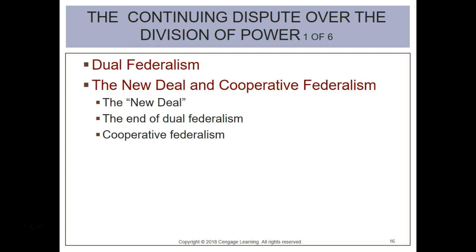That period started what is known today as cooperative federalism, where both the states and the federal government come together to try to solve problems, such as the economic problems you saw in the Great Depression after the stock market collapsed. Social Security, Medicare, and Medicaid were actually done under the administration of FDR.